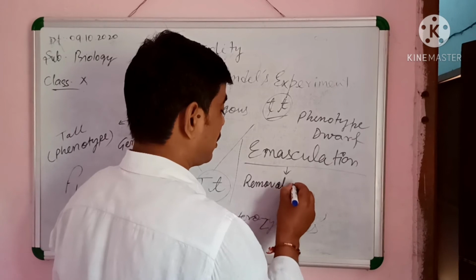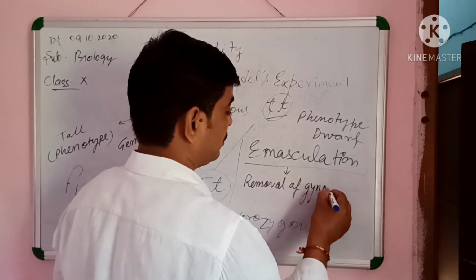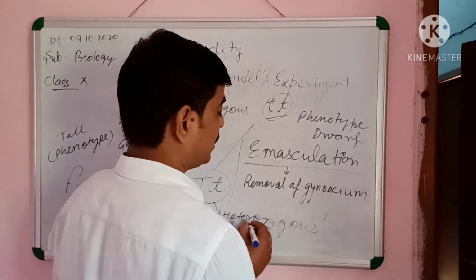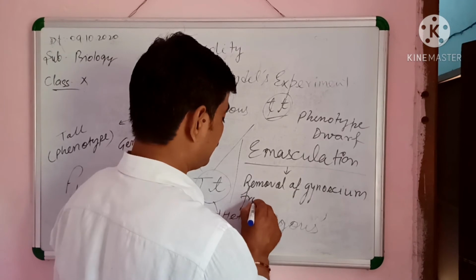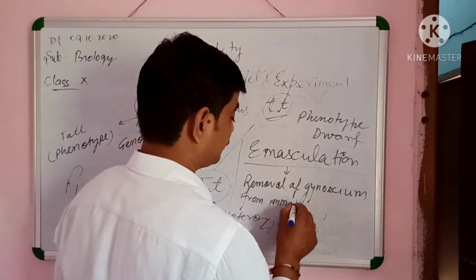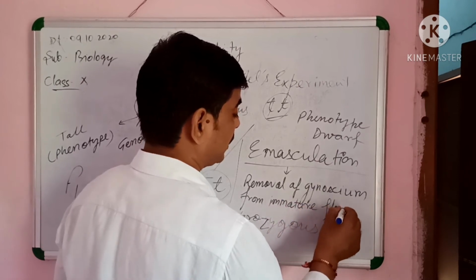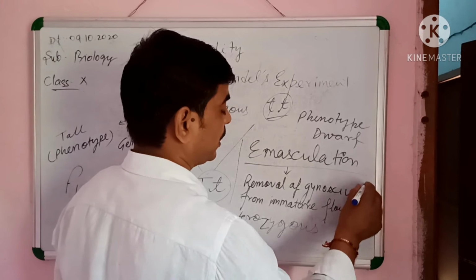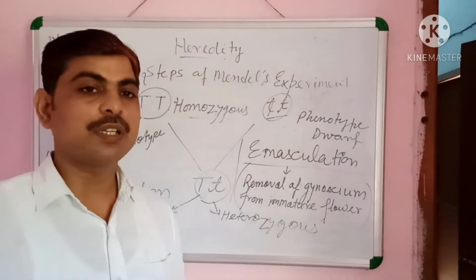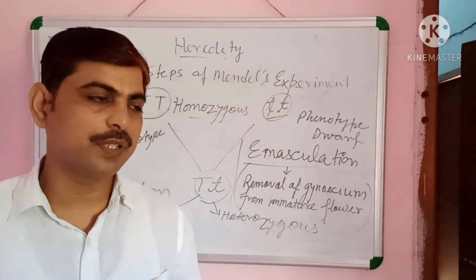Removal of the androecium, you studied the male part, from the immature flower, the flower that is not mature. From that flower the male part has been removed. This process is called emasculation.